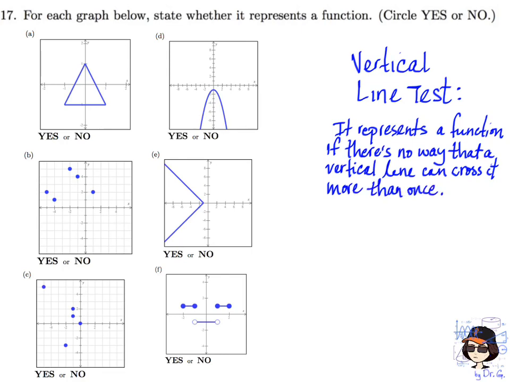Okay, so if we can't find a vertical line that will intersect the graph more than once, then it has to be a function. So let's look at part A.